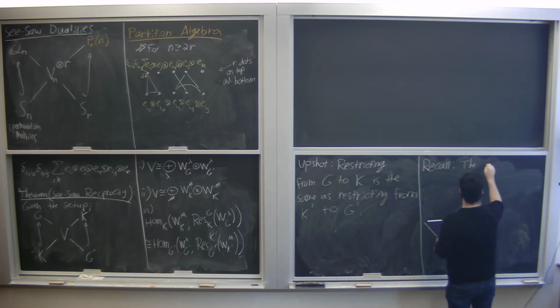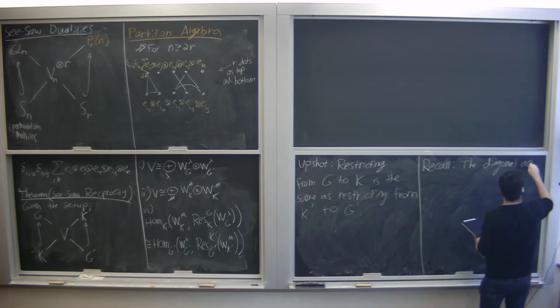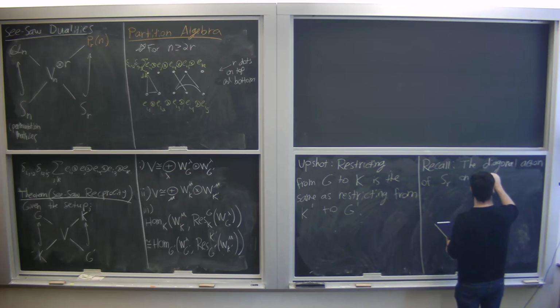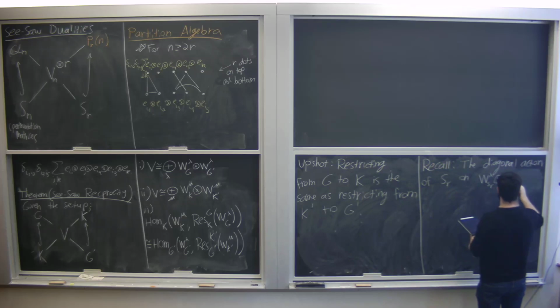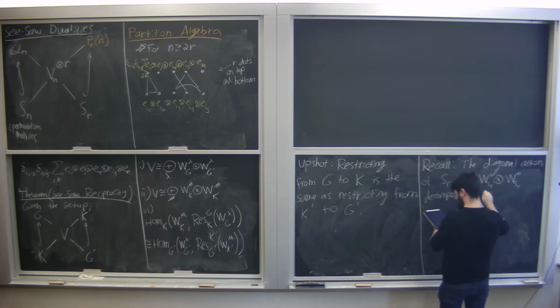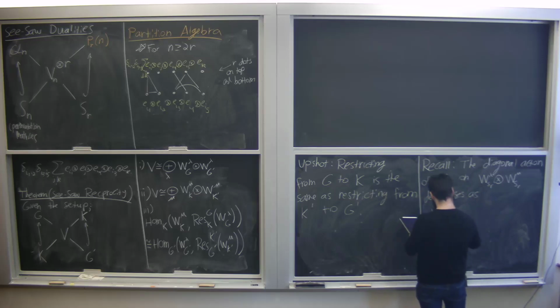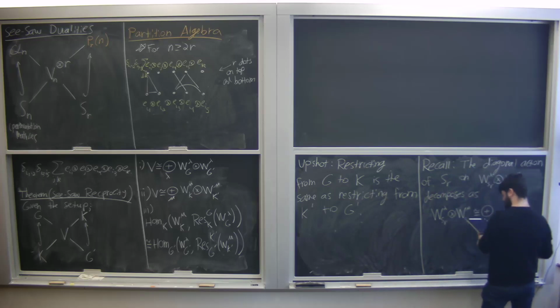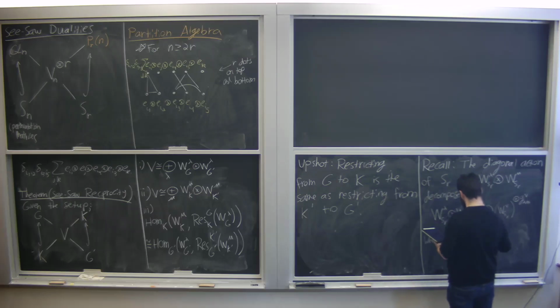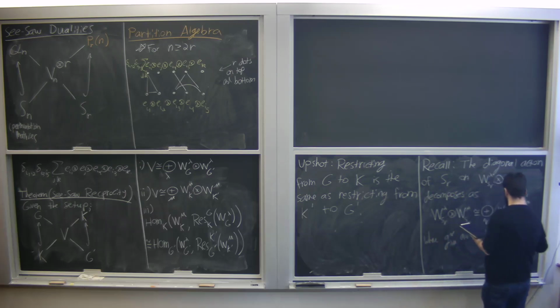Recall the diagonal action of S_r on the tensor product of two S_r irreducibles decomposes as W_{S_r} lambda tensor W_{S_r} mu is a sum over nu of W_{S_r} nu with multiplicity g_{lambda mu nu}, where g_{lambda mu nu} are called the Kronecker coefficients.